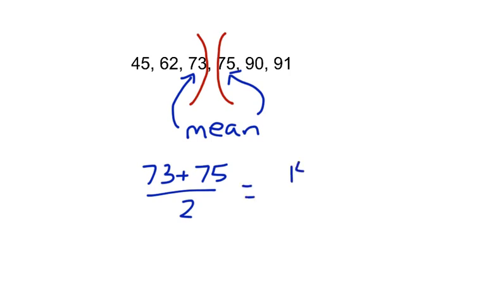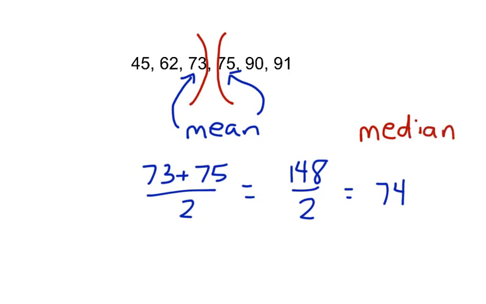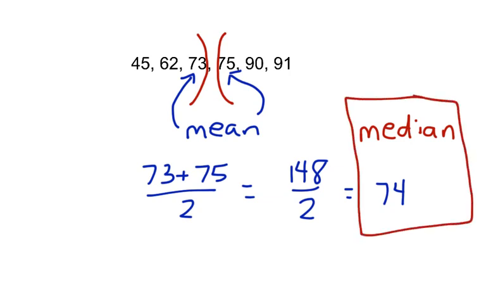So that'll be 148 over 2, which is 74. Not coincidentally, it's halfway between 73 and 75. That's kind of what we're after here. And so the median of this data set is going to be the mean of the 2 numbers that are closest to the middle, which is 74.